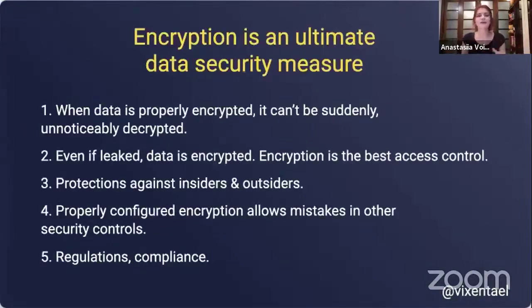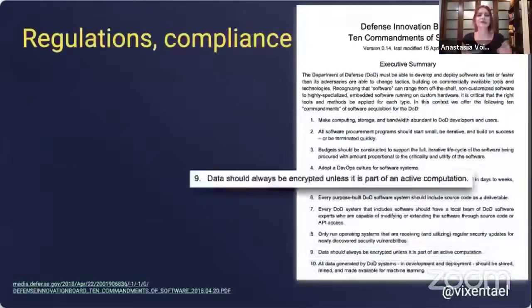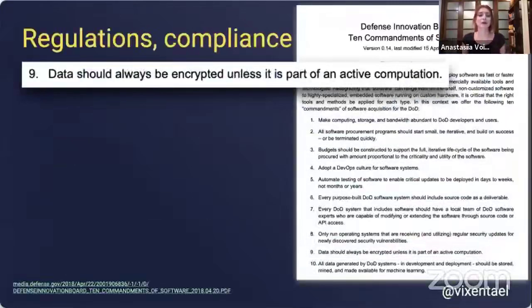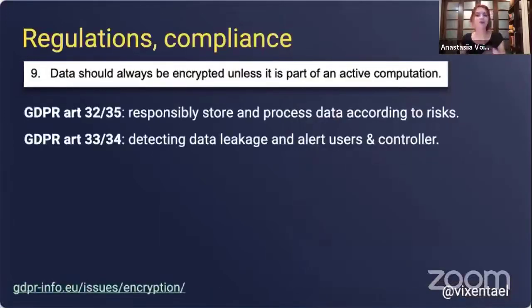And of course, we do have a lot of regulations, compliance, and requirements. For example, I really like to show this one from the Department of Defense, 10 Commandments of Software. Number 9 says, data should be always encrypted unless it's part of active computation. Then, of course, GDPR. I won't dig in, I know that you know.